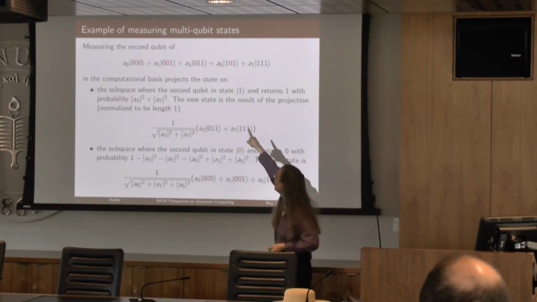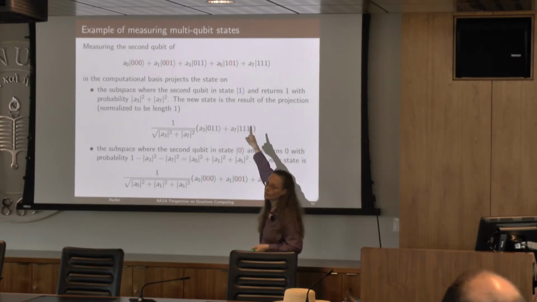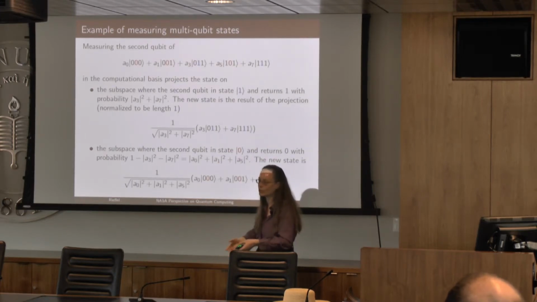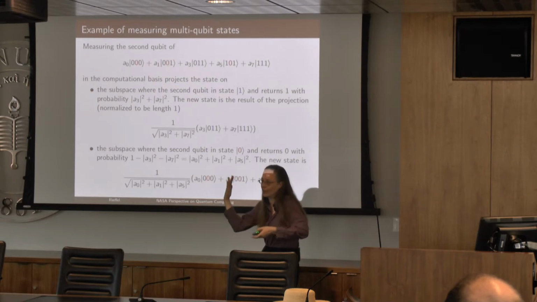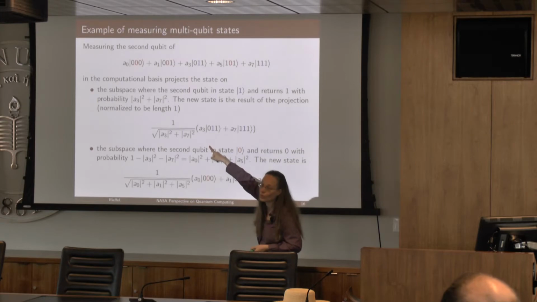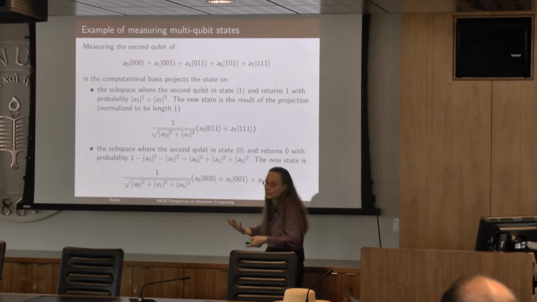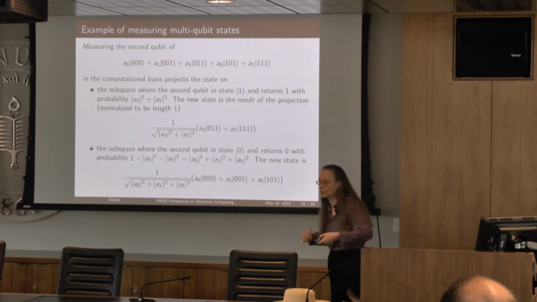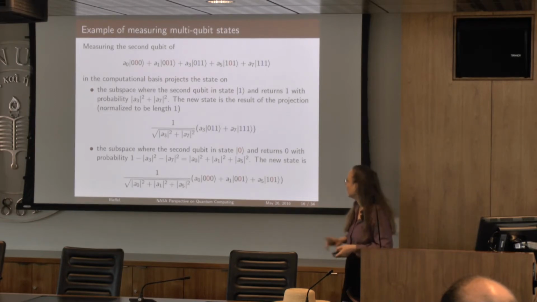In this case, you have A3 and A7, and you take those amplitudes and square them. I think I didn't say this in the polarization example, but it should have been fairly clear from the Pythagorean theorem that you were squaring those amplitudes. So you square A3 and A7, add them together. That's the probability that you get a 1. And you can compute the squares of A0, A1, and A5 and sum them up. Since this is a unit vector, those will add to 1. So that really is a probability.